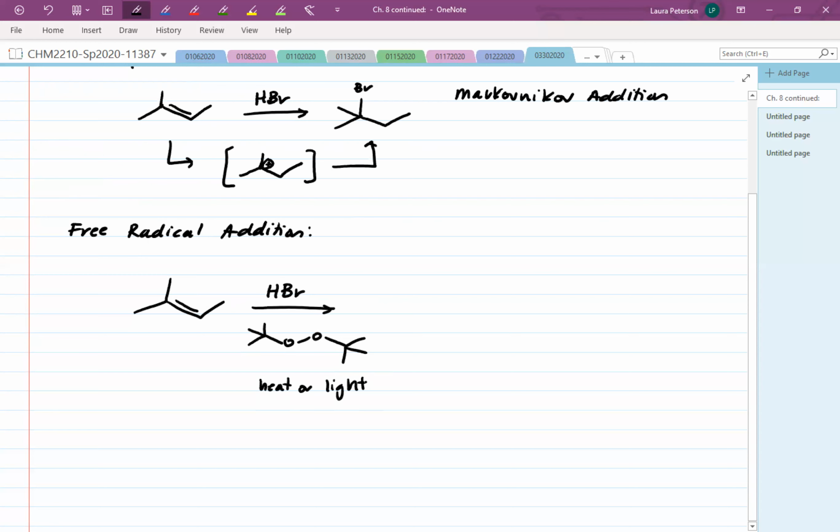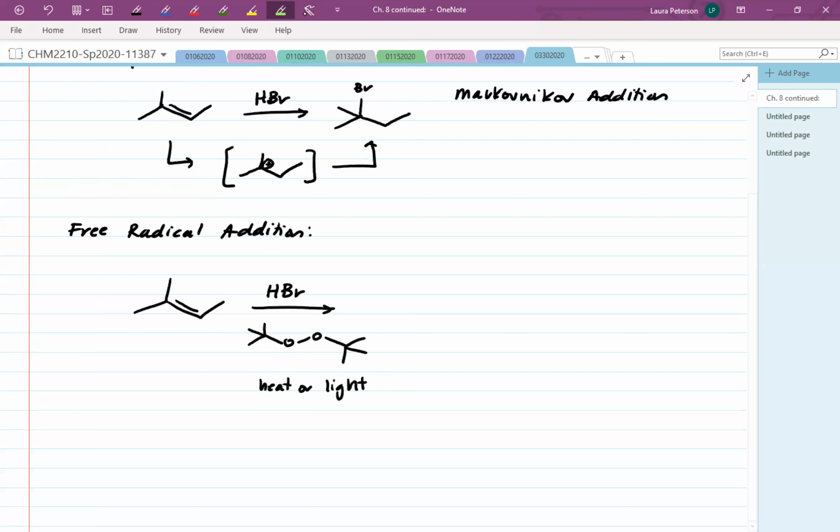Let's think about what we know about free radical reactions. The first is that we generally need some sort of molecule that can initiate the reaction. For free radical halogenation of alkanes, we had either Br2 or Cl2, and we could homolytically cleave those bonds. In this case, that's the role of that molecule that has the two oxygens. These types of molecules that have an oxygen-oxygen bond are called peroxides. We've seen H2O2 before, which is hydrogen peroxide.